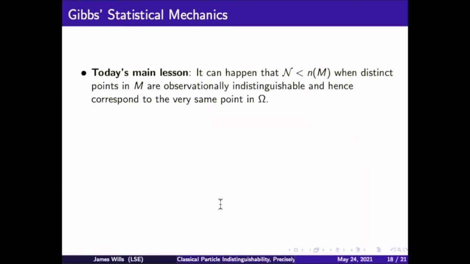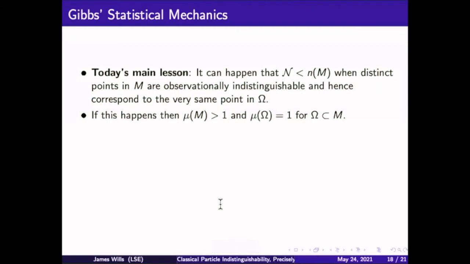If some points in M are observationally indistinguishable from one another, this little n function is going to be overcounting them. It's going to count as distinct states which correspond to the very same point in omega. And so it is in this sense that we get the overcounting problem. This could be the case.